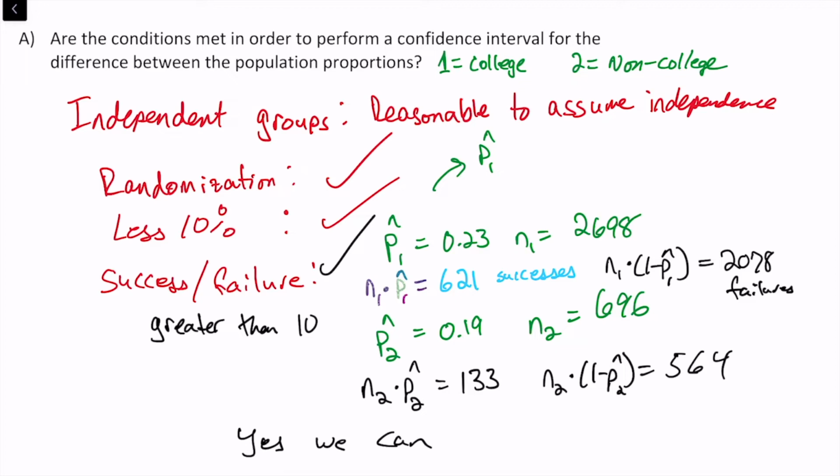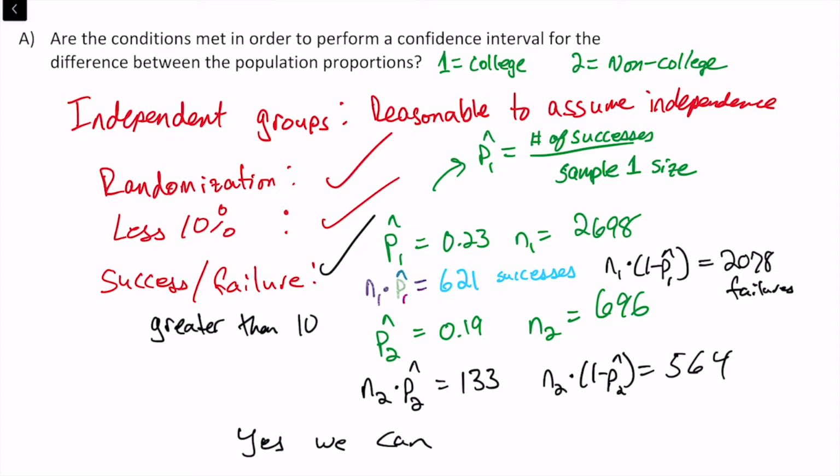But if you recall from previous lectures, to get P1 hat, you take the number of successes and divide it by your sample size, in this case sample 1 size, and you do the same thing with 2. So if they had told us that out of 2,698 college-educated adults, 621 of them order groceries online, I would take 621 divided by 2698. That's how I get my P1 hat. I want to make sure you are clear on how to get P1 hat if it's not given to you.